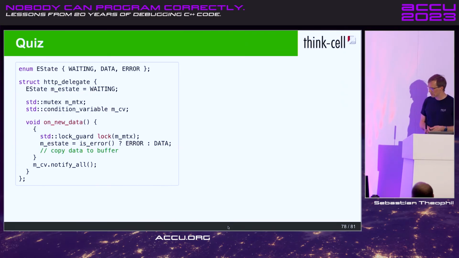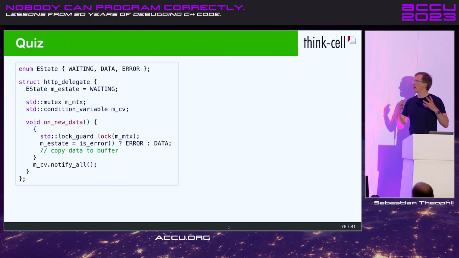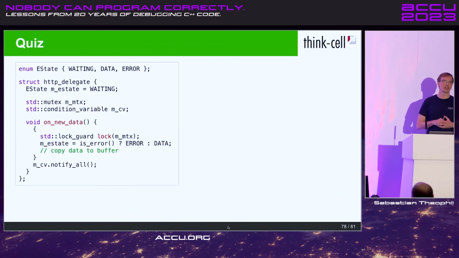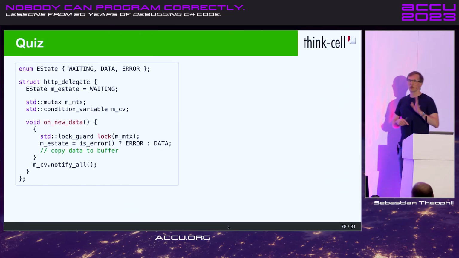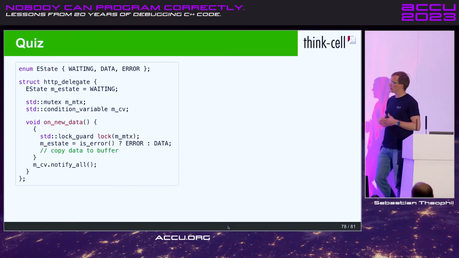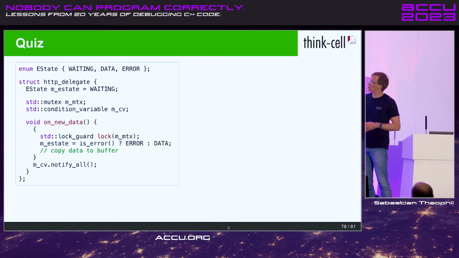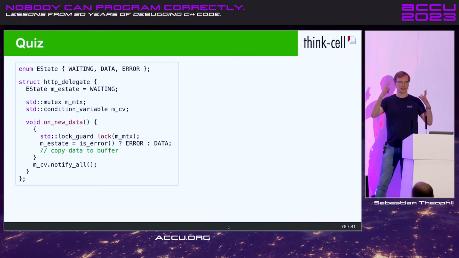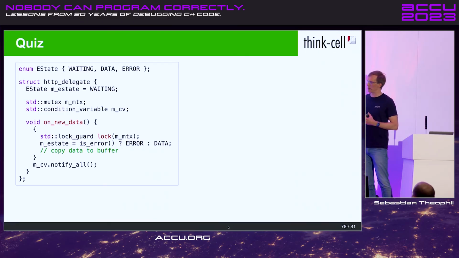Okay. So we're trying to read data via HTTP. We have some asynchronous HTTP API. But we don't actually need all that fancy stuff, but we need to satisfy that API. So we need to write some delegate that has a callback, and that callback will be called by our asynchronous HTTP API.